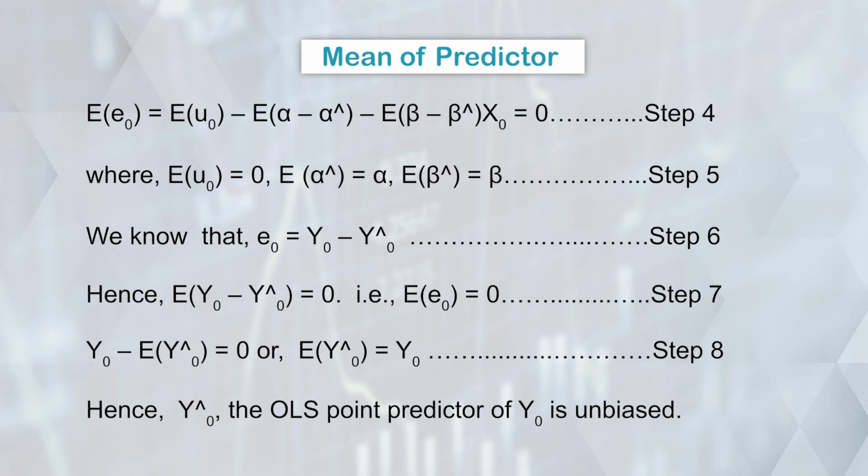So y0 is basically the population parameter, and based on that y0 hat comes up, and that is how step 8 comes up. Regarding the mean of the predictor, y0 hat is an unbiased estimator of y0, and thereby the OLS point predictor of y0 is computed.